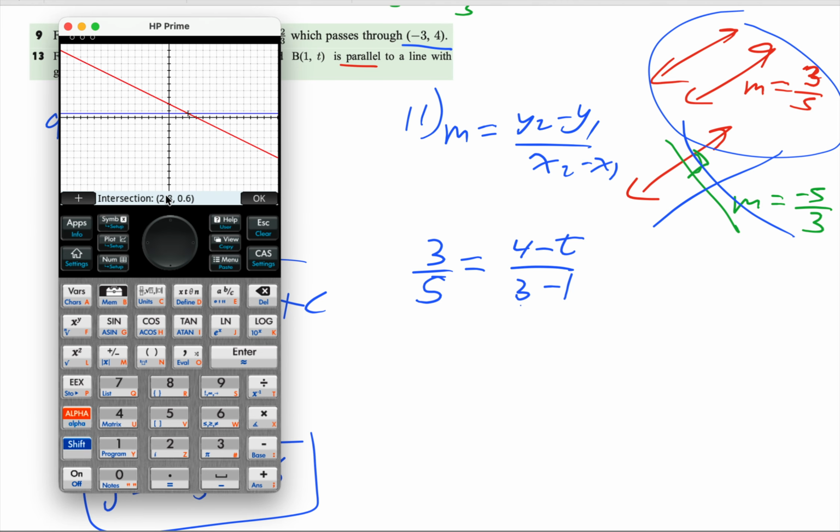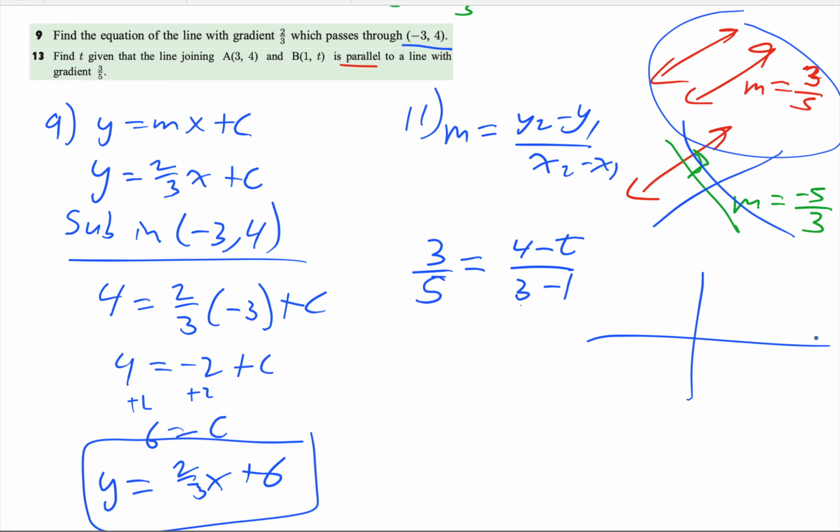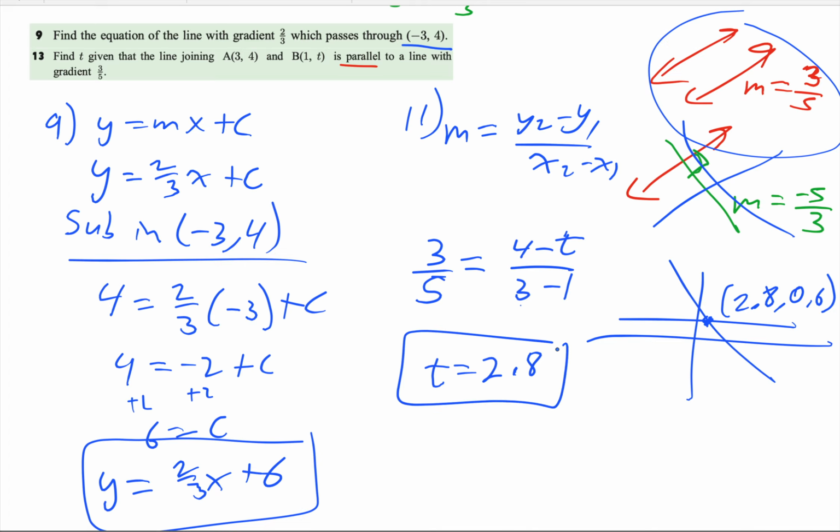The point of intersection is 2.8, comma 0.6. 0.6 is 3/5, by the way. So 2.8 is your answer. 2.8 is the x value where these lines meet, and x in this context is just t. So t equals 2.8. Okay, and that's it.